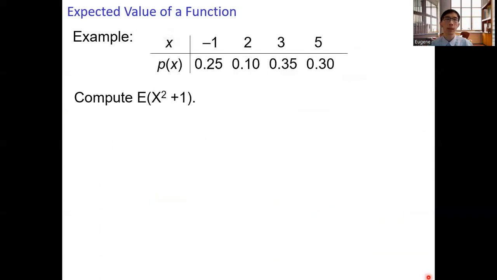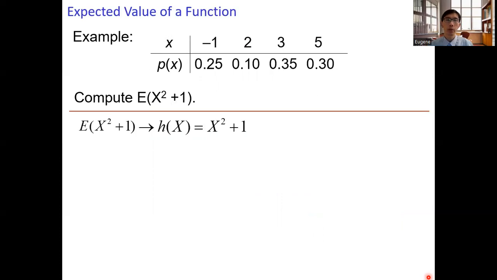Let's compute another expression, the expected value of x squared plus 1. Similar procedure. We have h of x equals x squared plus 1.